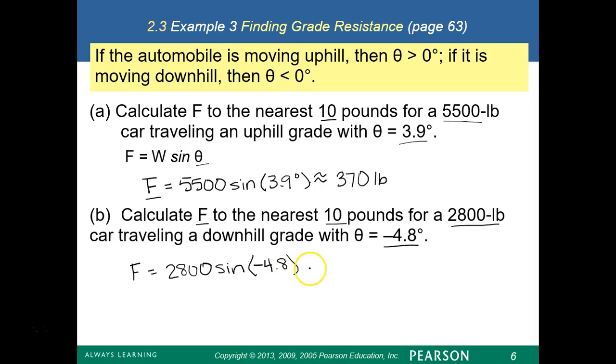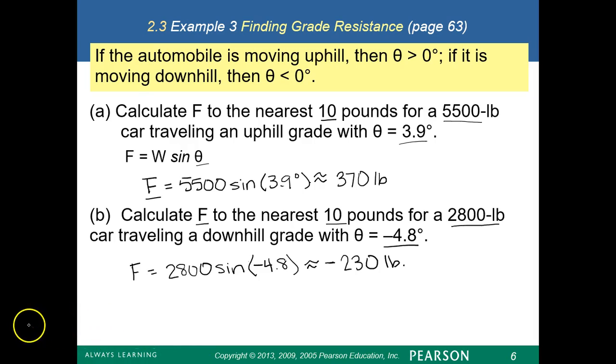Okay, so again, I already found that in my calculator, and that is negative 230 pounds. And that is true. You can get a negative force due to gravity, and that is what it's equal to.